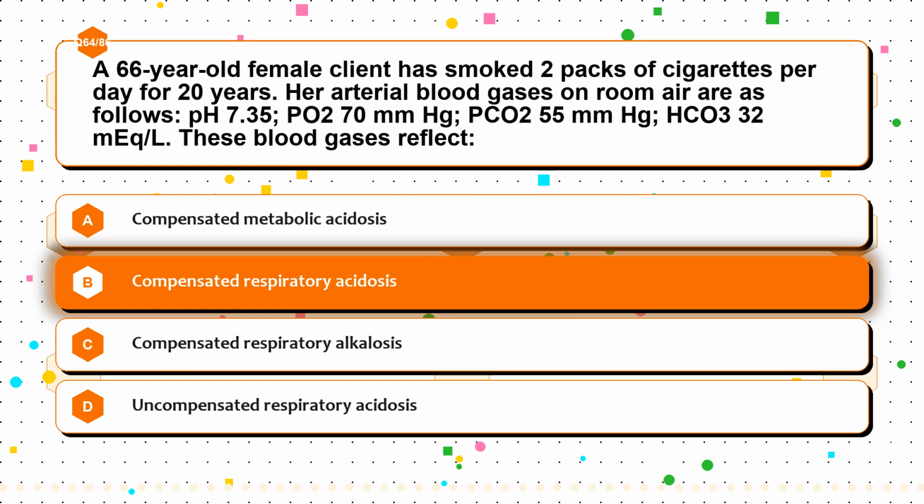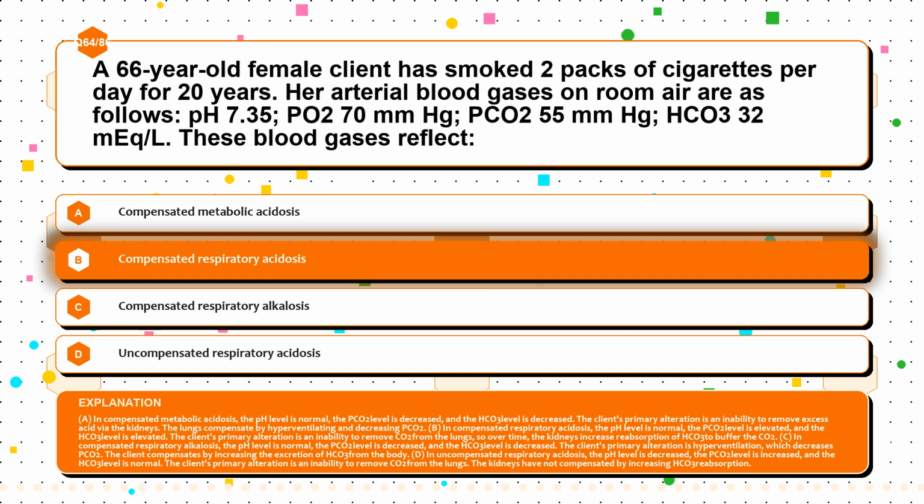The correct answer is option B, compensated respiratory acidosis. In compensated metabolic acidosis, the pH level is normal, the PCO2 level is decreased, and the HCO3 level is decreased. The client's primary alteration is an inability to remove excess acid via the kidneys.